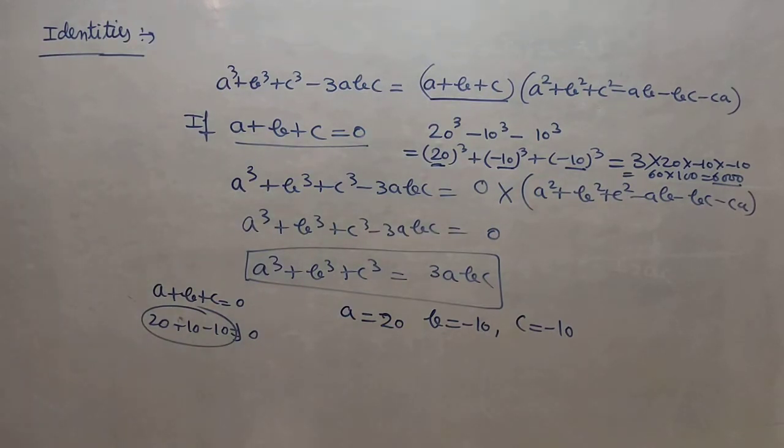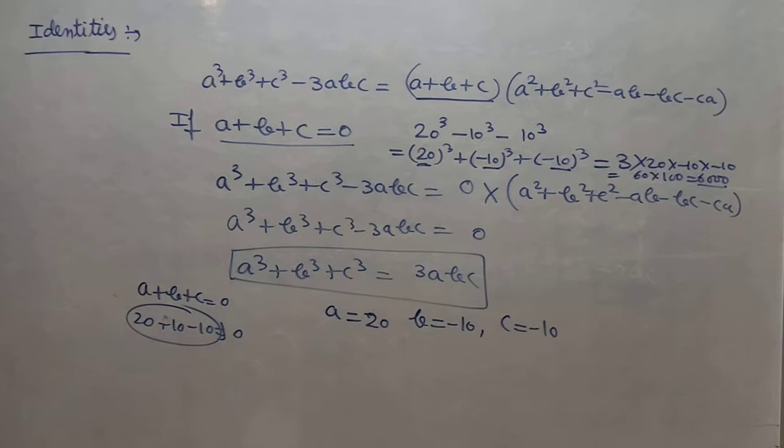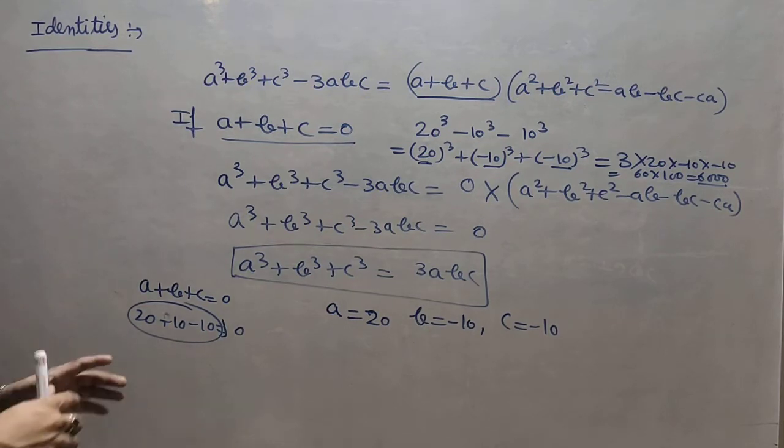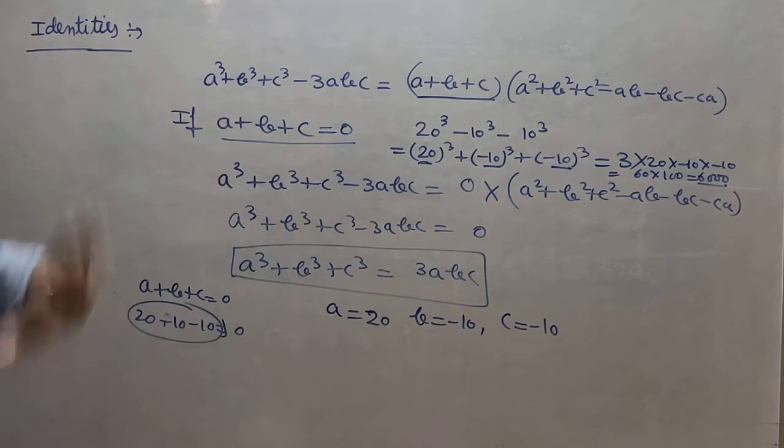So I think now you have understood how to use this identity, right? It is a very useful identity. That is why in so many questions, or in competitions also, they put such types of sums where this identity is generally used.